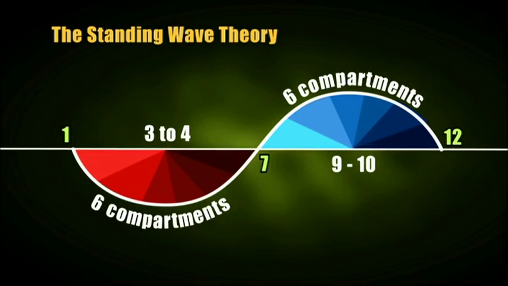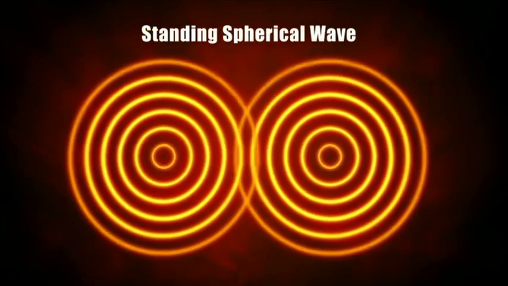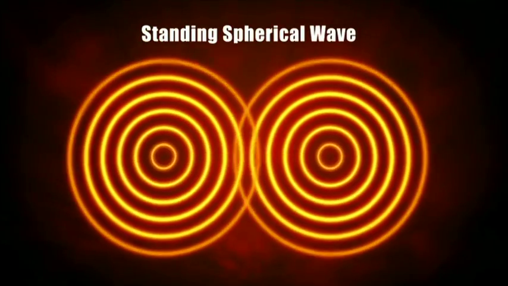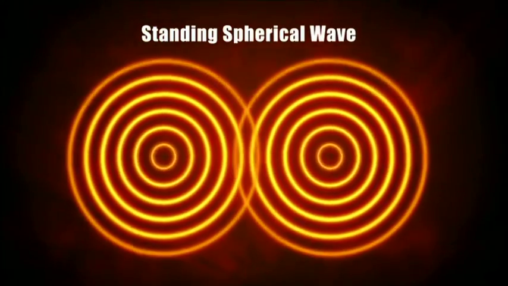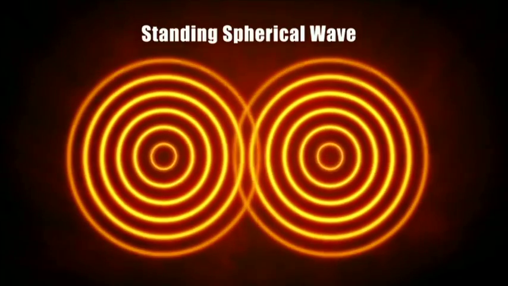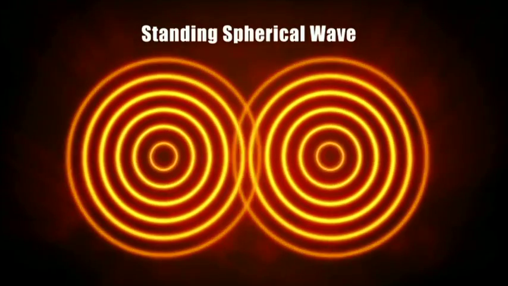And at the central point of those, in the first 6, we've got the heart as the central point, compartments 3 and 4. 9 and 10 is the center of the second one, which is circulation. We have a standing spherical wave, and the information we can see looks a bit like interference patterns within that.